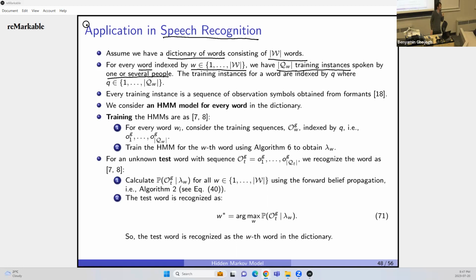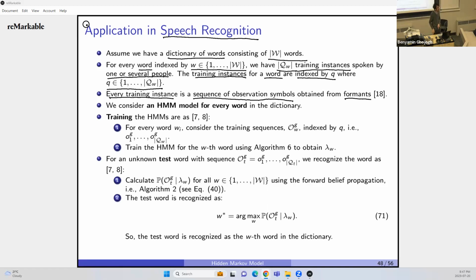One person can say it in different accents, right? Doesn't matter. The training instances for a word are indexed by Q. So Q is the training instance for the specific word. Every training instance is a sequence of observation symbols obtained from formants. When you say a word, you can divide it into several parts of speech.